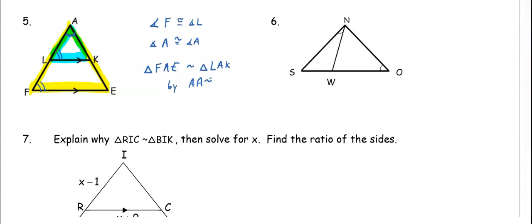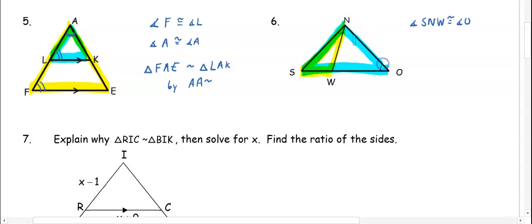Number 6 is a little bit tricky because we have a triangle and then another triangle inside. We see right now that angle SNW is congruent to angle O. So if I look at the two triangles that contain those, I can see this triangle, and then I'm actually going to use the bigger triangle here.